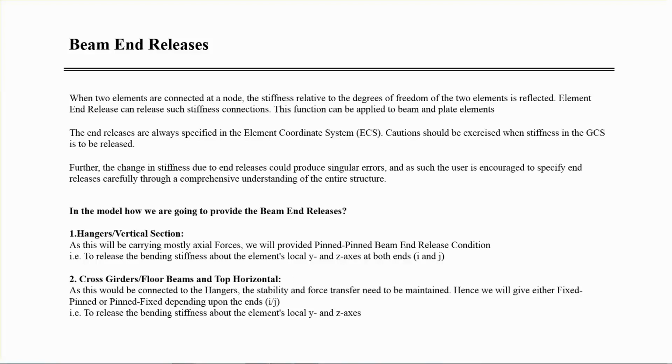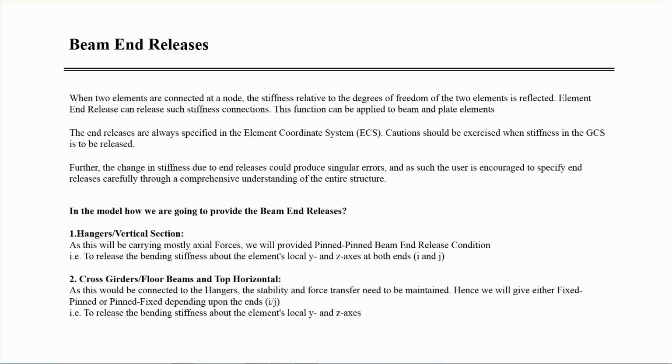What I mean by this: if one truss element and one beam element are connected at the same node, the beam element has 6 degrees of freedom, and our truss element has only 3 degrees of freedom. So there is a relative stiffness for these degrees of freedom. This can be released using beam end release.